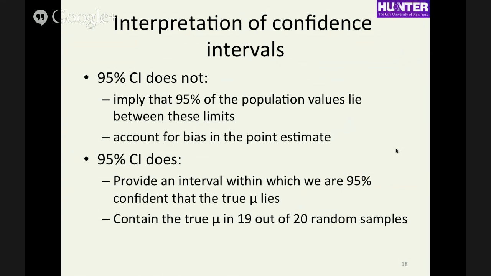So when you use it to calculate a confidence interval, it does not refer to the number of individuals in that range. Anyone want to say why? Right, the points on the distribution aren't individuals. It's the sampling distribution.